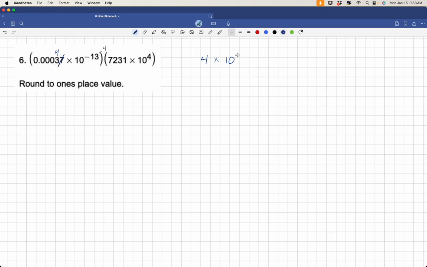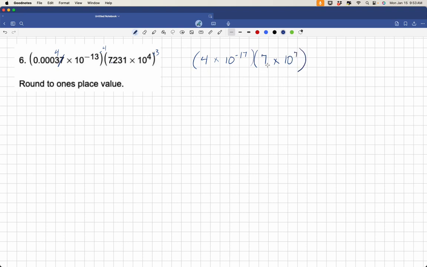So this would be negative 17 times, this would be 7.2, right? That 7.2, that would just be 7. So 7 times 10, and then we have moved our decimal forward 1, 2, 3, so that's plus 3. So that'd be 7 places.